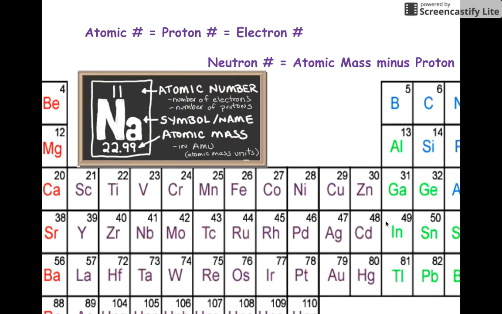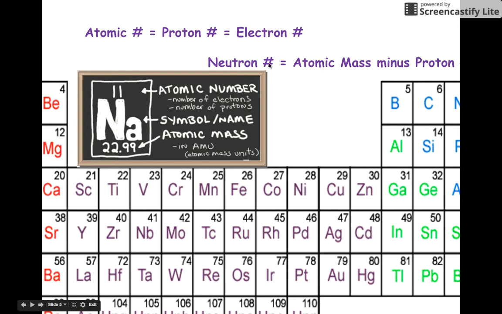Now, I don't know if you remember, but you should know this by now, that the atomic number, the number on top of the element symbol or the name, is going to be the number of protons, and the number of electrons is always going to match the number of protons in a neutral element. So any element on the periodic table should be neutral.